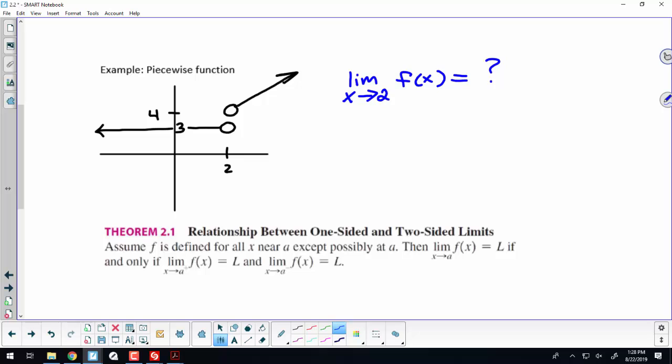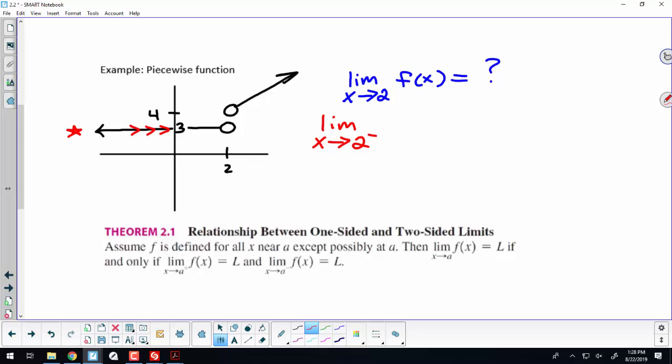So what I have to do on this piece is look at, well, what is the limit as x approaches 2 from what direction? From the left. I'm coming from the left and approaching an x value of 2 from this side. So I'm going to indicate that in that way.